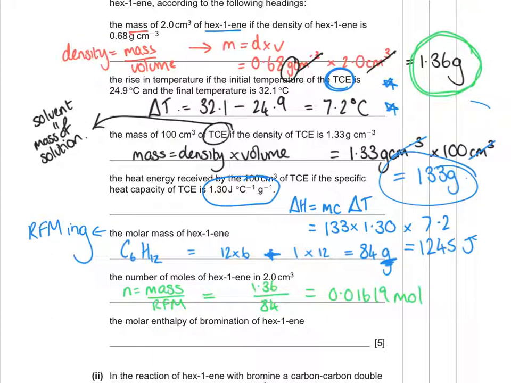And finally, you're asked to work out the molar enthalpy of bromination, and this is our last step, just as with the combustion calculations, just divide by the number of moles. Generally, it's of your fuel that you burn to get your water temperature to rise, but in this case, our fuel as such is hexane.